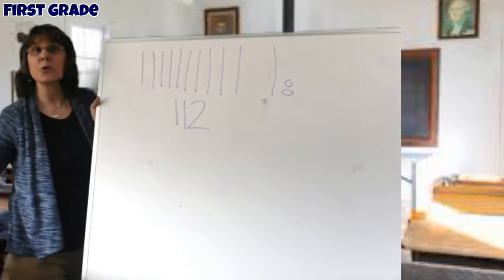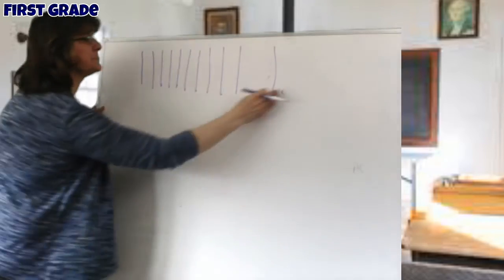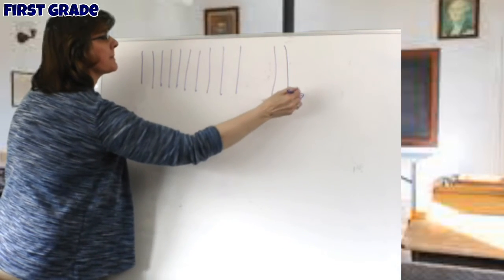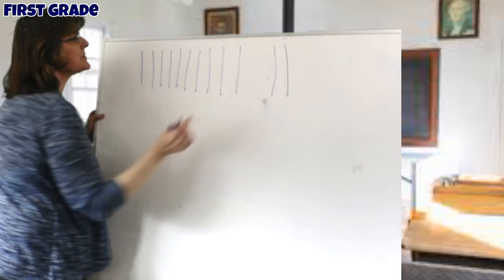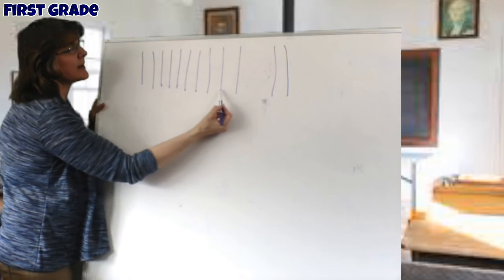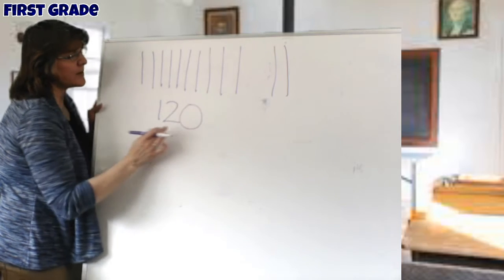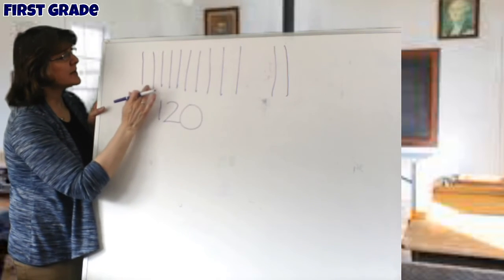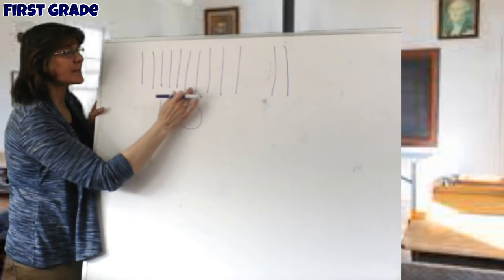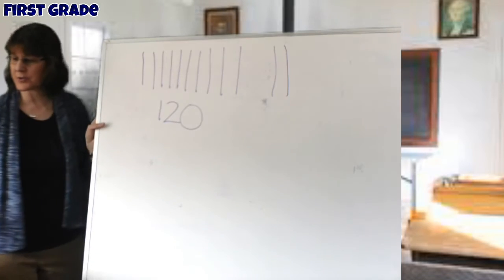That number is 112. What if I have this one? Count my sticks. 1 through 12 tens. No ones. 120. 10, 20, 30, 40, 50, 60, 70, 80, 90, 100, 110, 120.